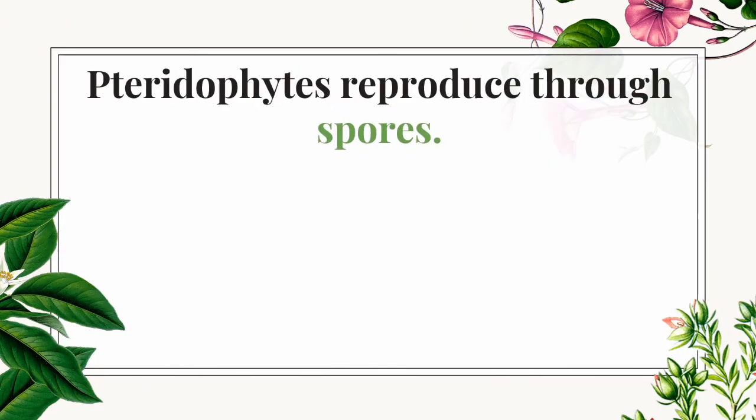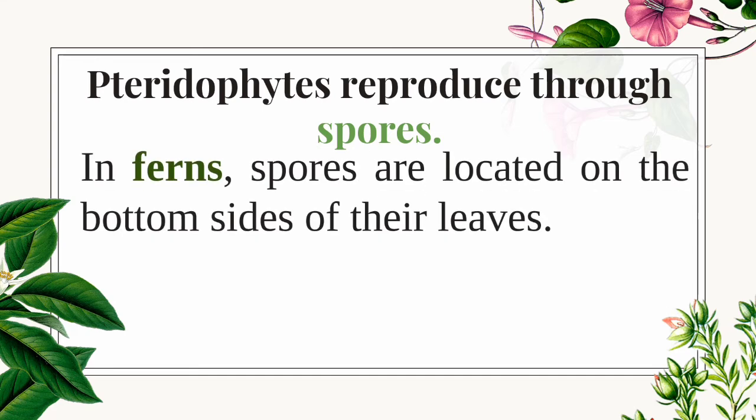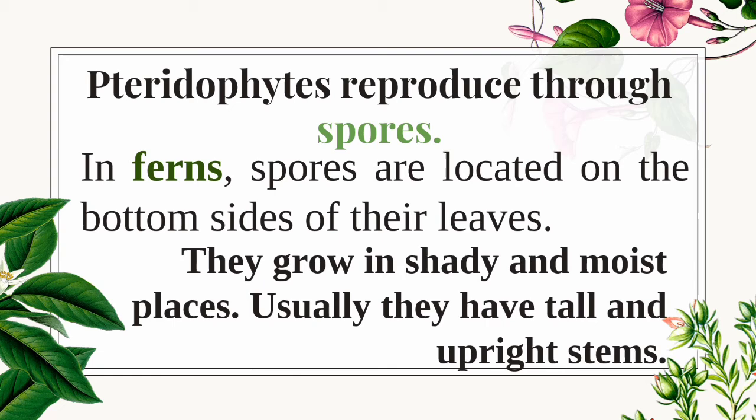Pteridophytes reproduce through spores. Remember, they reproduce through spores. In ferns, spores are located on the bottom sides of their leaves. They grow in shady and moist places. Usually, they have tall and upright stems. So those are the characteristics of pteridophytes.